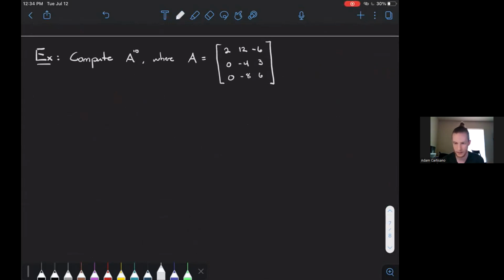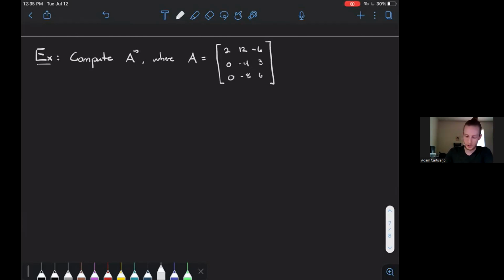Well, okay, this is at the end of the diagonalization section, so probably diagonalize the matrix first and then find some way to exploit the diagonalization, or just go and multiply this thing by itself 10 times. But I warn you, I can make it harder very easily. So just keep that in mind.